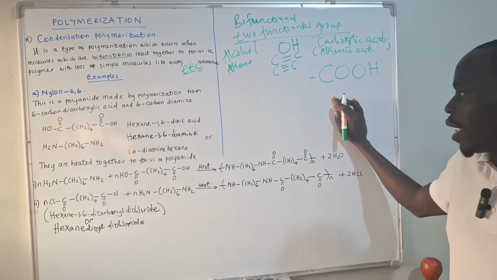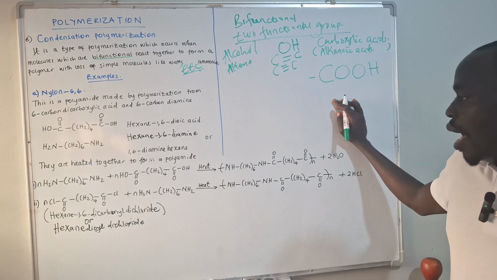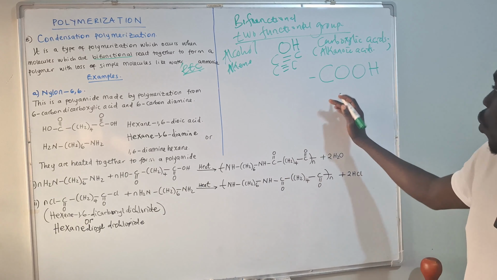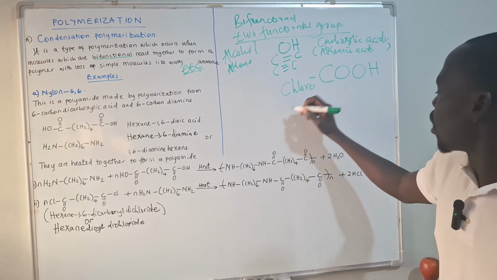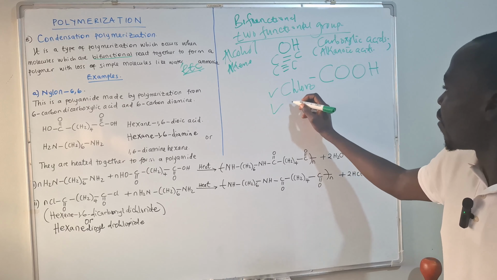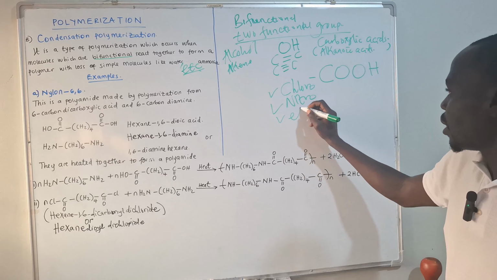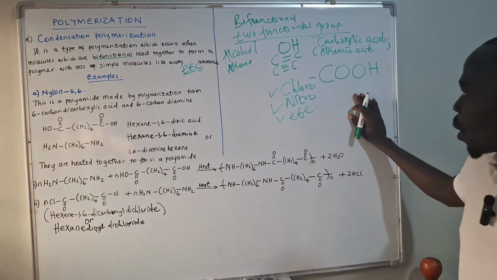But we also said that if we don't have a functional group, there are other constituents which are attached to the chain, and those constituents can be the chloro group, the nitro group, etc. We shall be in a position to see those.